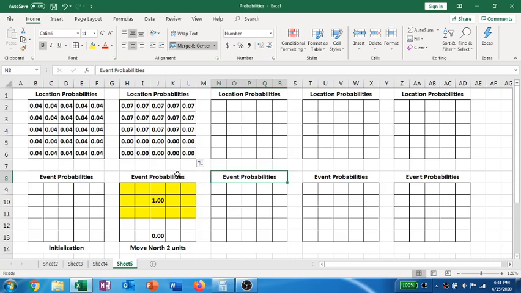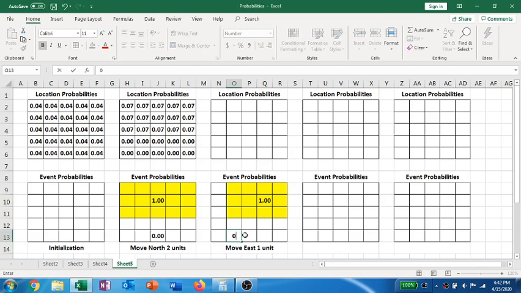Let's say we move east 1 unit, and we do that with absolute certainty. So now that limits our space to here. So this is a probability of 1, and what's left is a probability of 0.